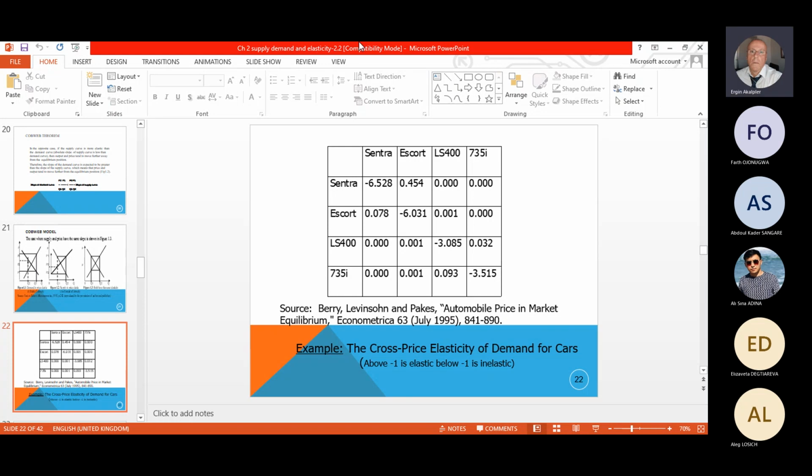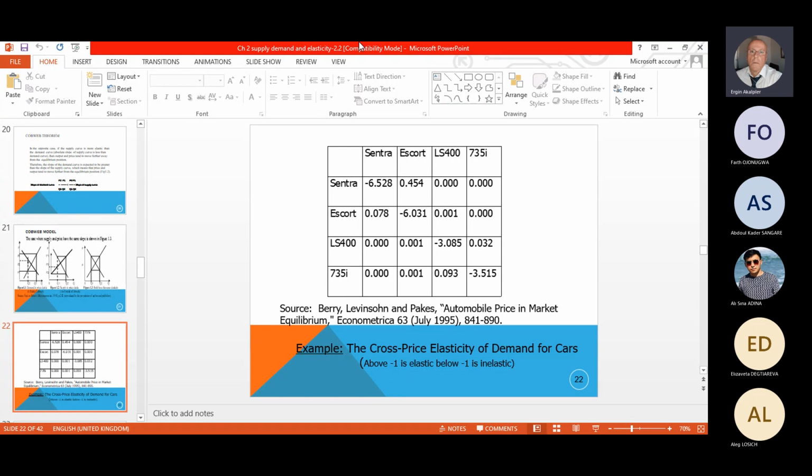And when you concentrate on the Escort to the Sentra, you see there is a little bit between 0 and 1. And Escort to Escort, there is also no strong elasticity. There are somewhat elastic preferences between the Escorts. Everybody changes, let's say, from Fiesta to Focus, from Focus to Escort. It depends; you can change easily.